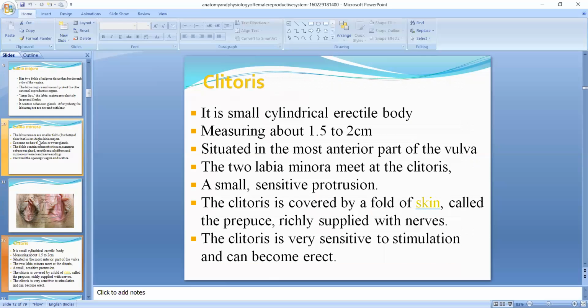The clitoris is a small cylindrical erectile body measuring 1.5 to 2 centimeters long, situated at the most anterior part of the vulva, where the two labia minora meet. It is very sensitive because there are numerous nerve endings, and they contribute to stimulation and can erect.